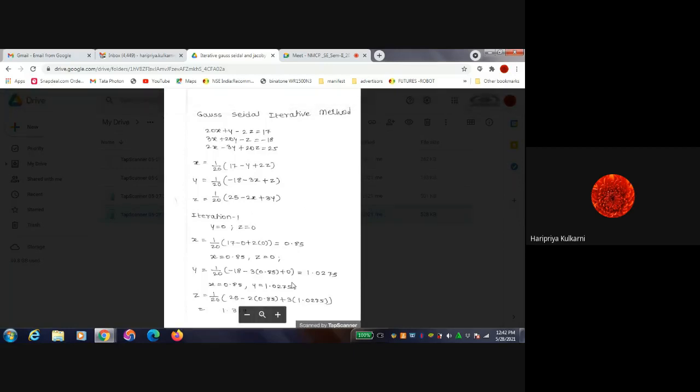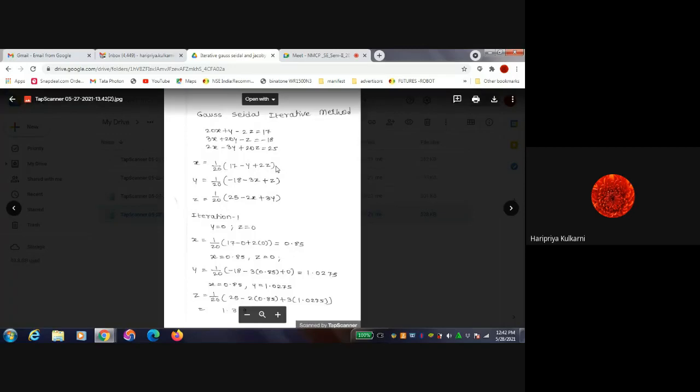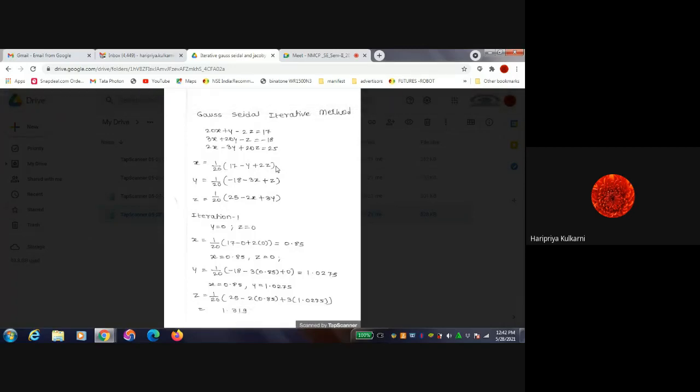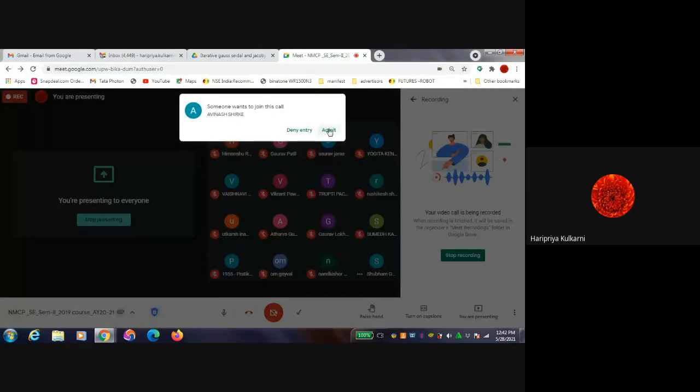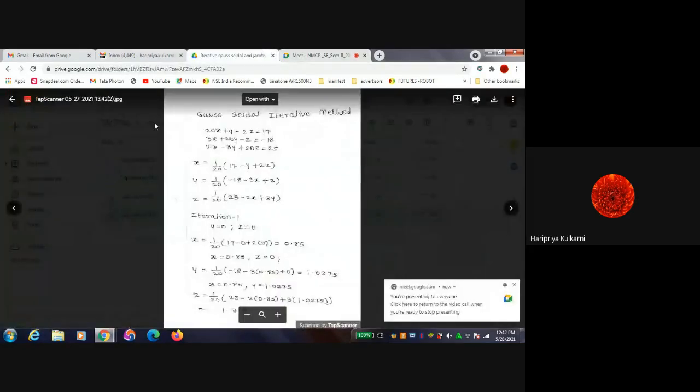Now in the second iteration, again we will use the equation of x, but now we'll put the updated values of y and z. In iteration 1, y and z were 0, but now we have the value of y as 1.0275 and z as 1.319. While solving the second iteration, we'll take care of the updated values.